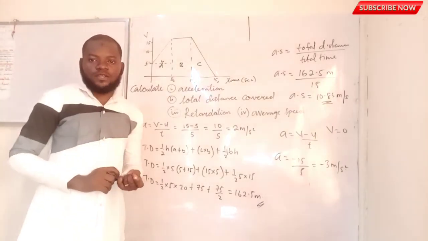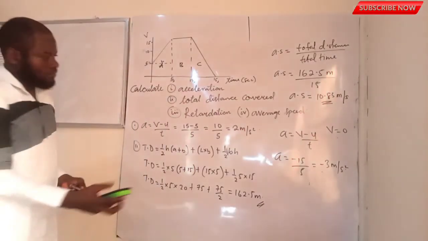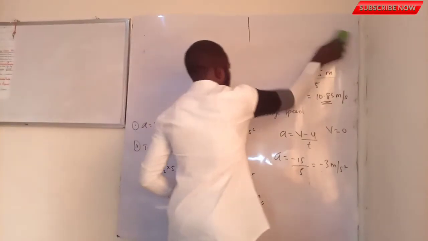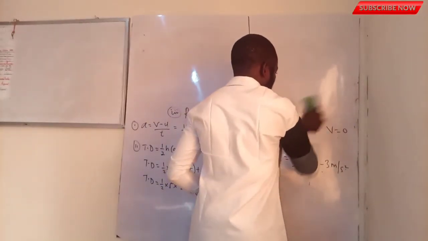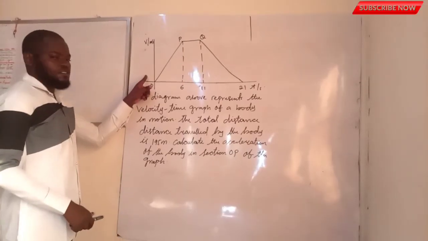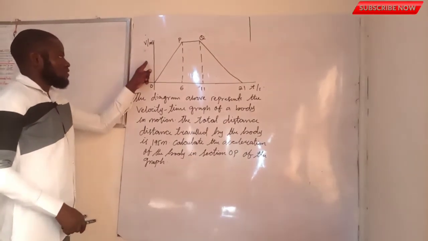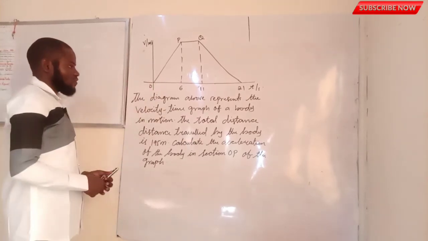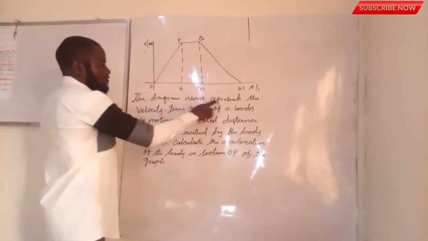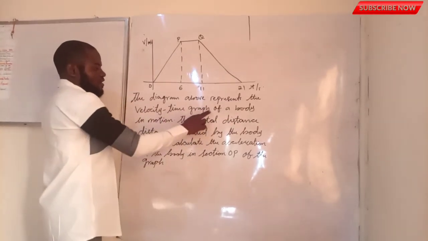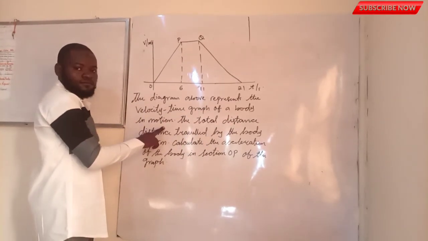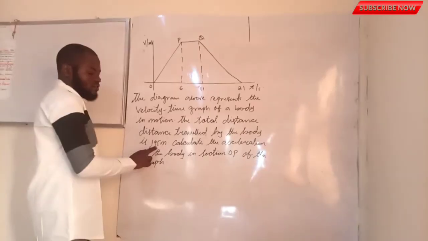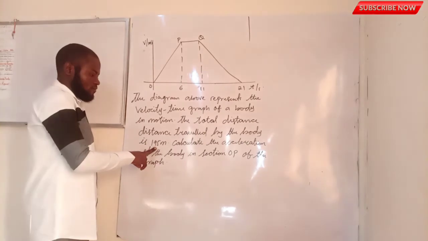So let's look at another question on it. Question number 2, this is the diagram we are given. This is a velocity time graph. The question says, the diagram above represents the velocity time graph of a body in motion. The total distance traveled by the body is 195 meters.